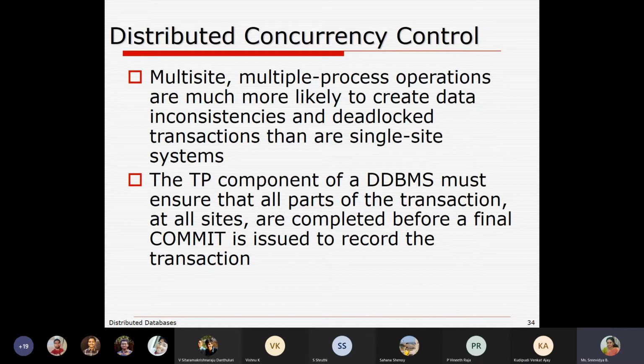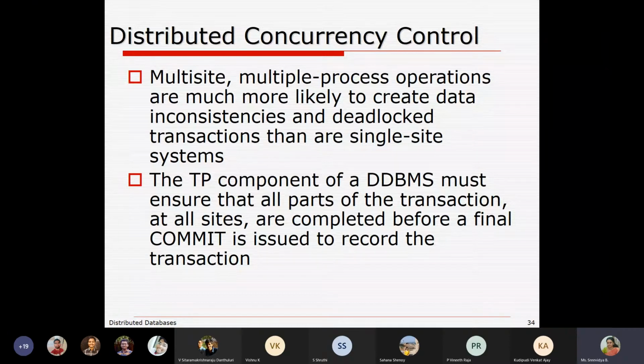A transaction may involve multiple SQL queries, and each query runs on different data processing units, that means in different sites, site A, site B, site C. Suppose site A and site B have executed and committed the operation, but the site C part couldn't complete.